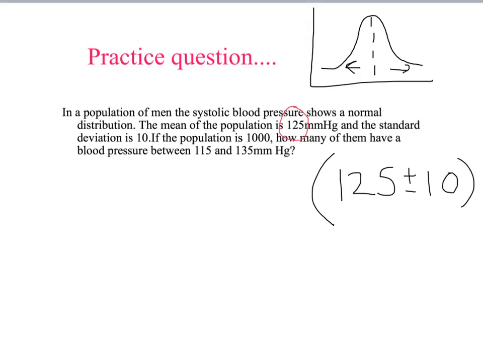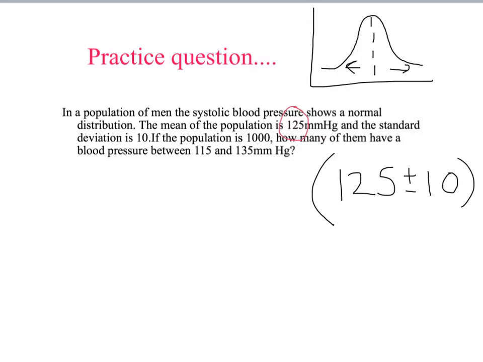You're told the population is 1,000, so you'll have 1,000 sort of values, if you like, people sampled. And the question is asking how many of them would have a blood pressure between 115 and 135 millimeters of mercury.